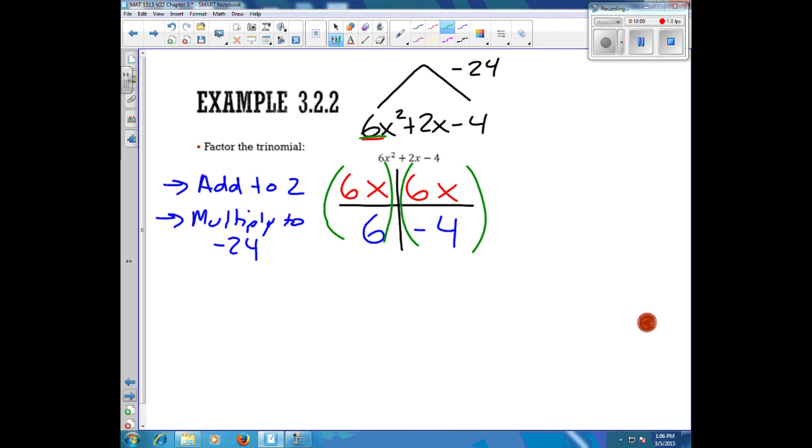So in other words, on the left-hand side, we have 6x plus 6. But they're both divisible by 6. So we're just going to divide them both by 6. 6 divided by 6 is 1. 6 divided by 6 is 1. On the right-hand side, we have 6 and negative 4. They're both divisible by 2.